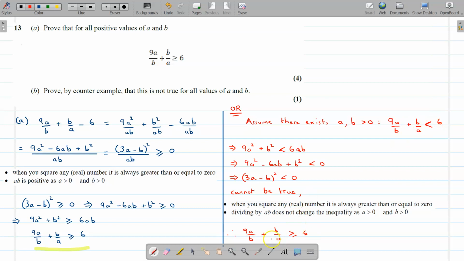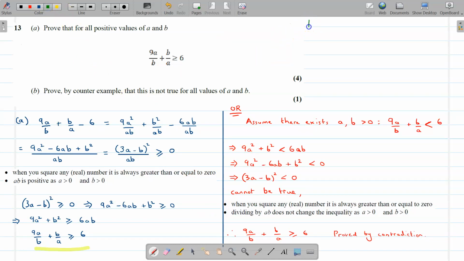So I proved that by contradiction. Quite a lot to write down, but we've done it two different ways. You would only need to use one of those methods. Now finally we've got part B of the question to do, so I'll just do that up here.